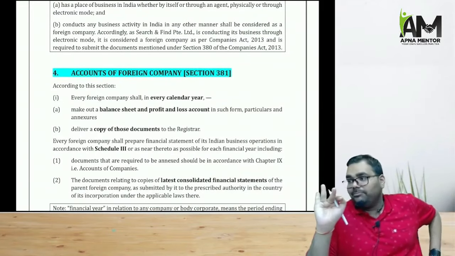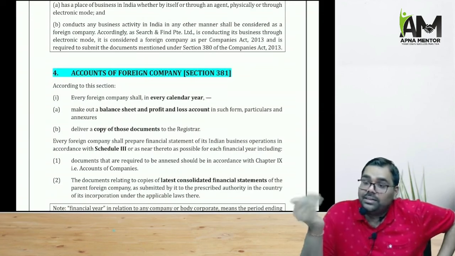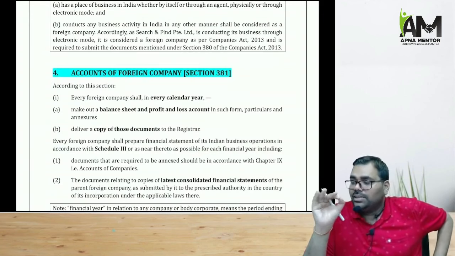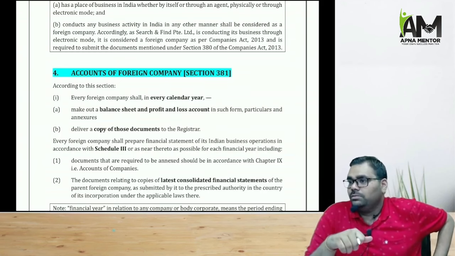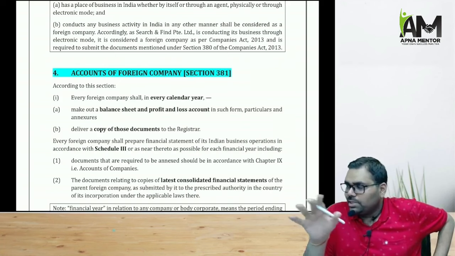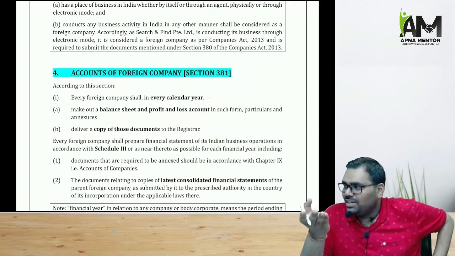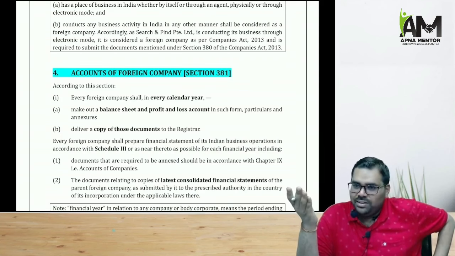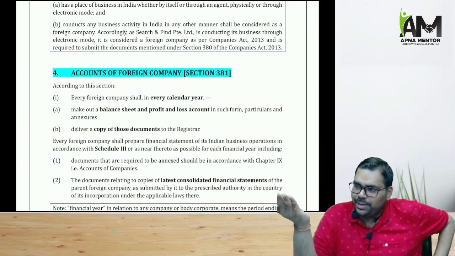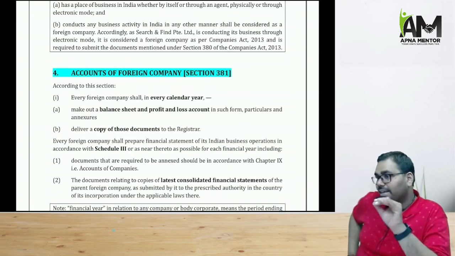Foreign companies have been given the flexibility to prepare the accounts in every calendar year. And what is the logic behind it? Because outside India, the concept of calendar year is followed, not the financial year. Since the foreign companies have their holding companies outside India, for the purpose of consolidation, they make it as per calendar year only.